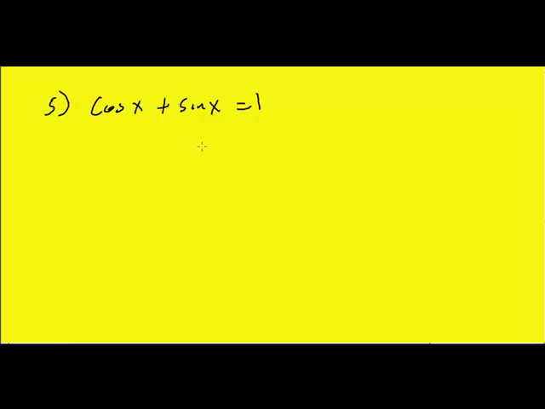What do you think I'm going to have to do? There you go. Square both sides. Okay, why? Because it works. That's why. Okay, watch. When I square this, I'm going to get cosine squared x plus 2 sine x cosine x plus sine squared x is equal to 1.